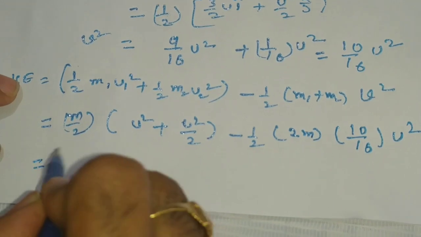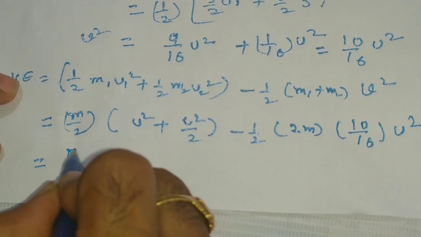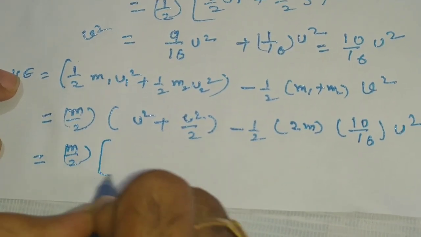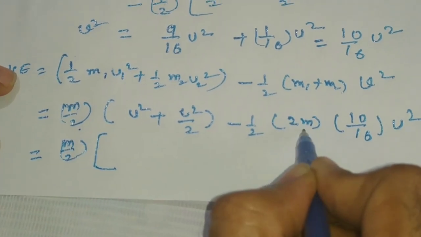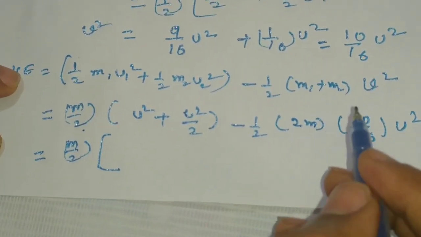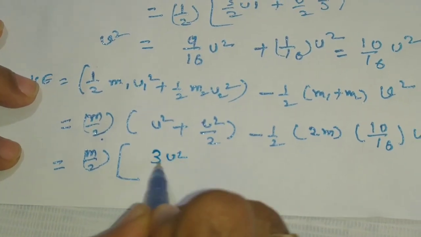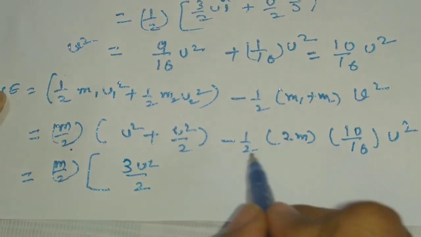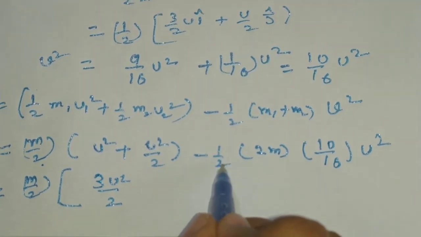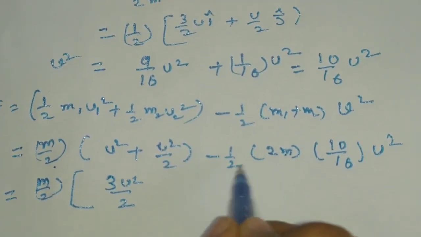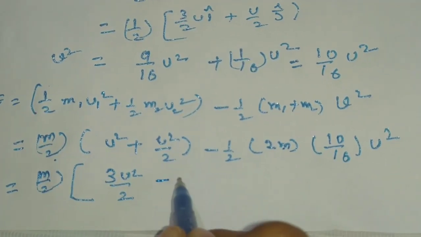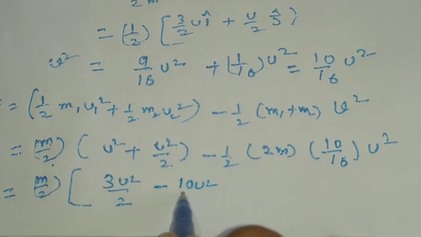So here m by 2 is common from the terms. Then u square plus u square by 2 gives 3u square by 2. Here the remaining is minus 10 u square by 8.